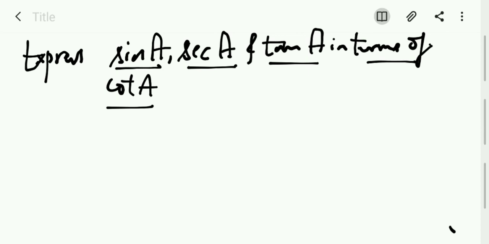Now we need to write sin A in terms of cot A, secant A in terms of cot A, and tan A in terms of cot A. Okay, now first we shall look into sin A.